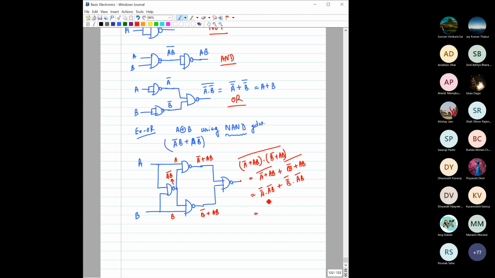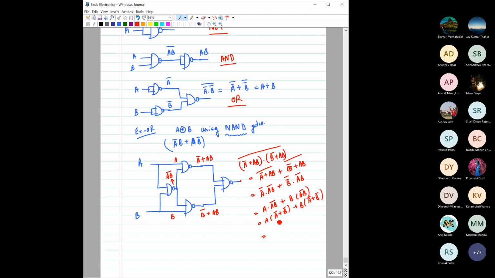Then here it is A, this one is B. Then after that, what can we do? Probably we can again split it, like this.